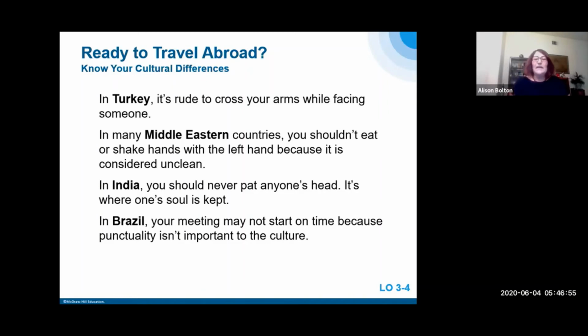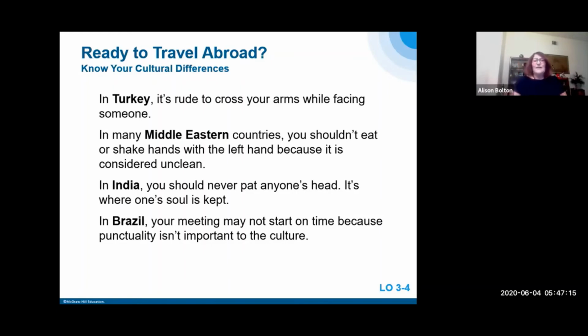In India, never pat someone's head. Shouldn't be doing it anyway. It's inappropriate to touch somebody else's head publicly, because in India the soul is kept up here. So not good to do.